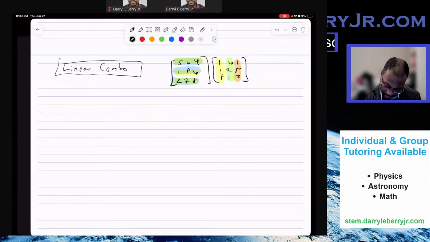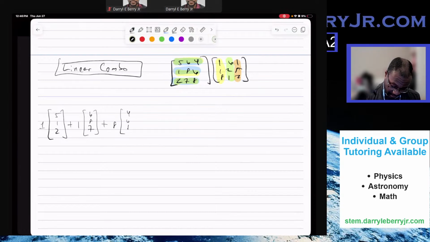So I'm going to think about the linear combination way. I should be able to go 1, 5, 1, 2 plus 1, 6, 8, 7 plus 8, 4, 6, 8. And that would be my left column.